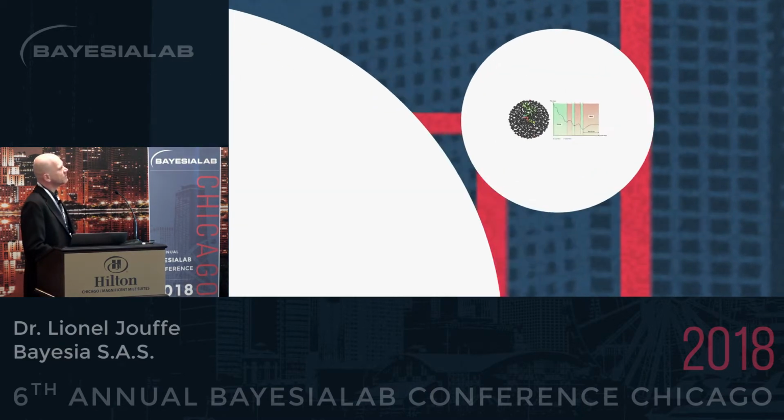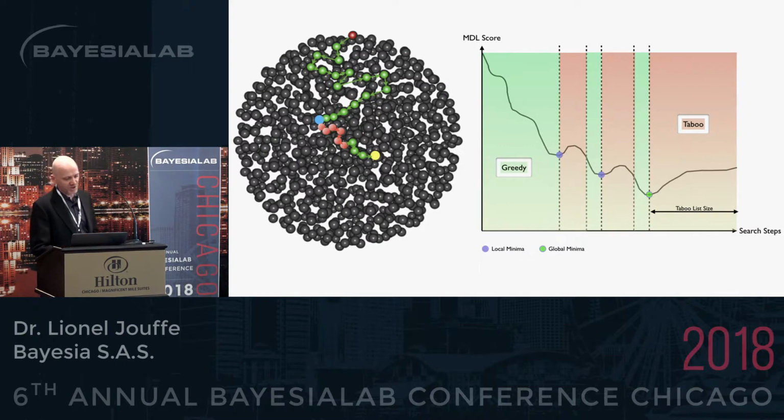Obviously, we are using taboo search, which is a kind of extension of the greedy search, where instead of stopping here, we are still trying to escape from some local minima, because with the greedy search, we are always choosing the operators that decrease the MDL score the most. So with taboo, when we are in a local optimum, we choose the best operator, even though it's increasing the score, right? And with that, we are hoping that we will be able to escape from some local minima. This is exactly what I'm representing here.